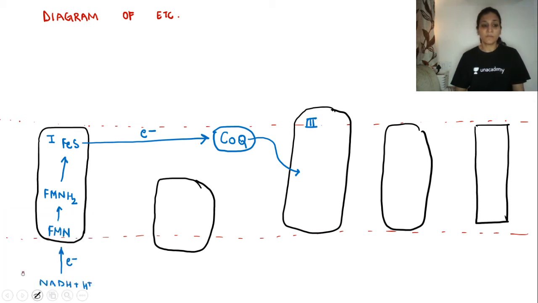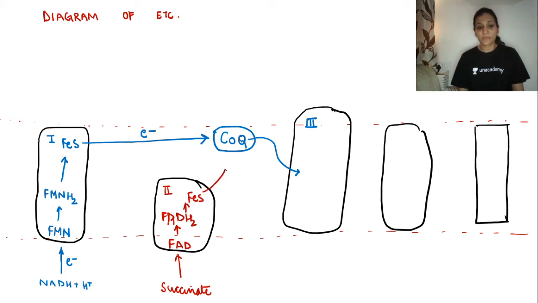But before that we'll talk about complex number two. It gets its electron from succinate, and here it is going to be FADH2, and then it gives the electron to iron sulfur. And here also it will be transferred to CoQ, and from CoQ it is going to the third complex.